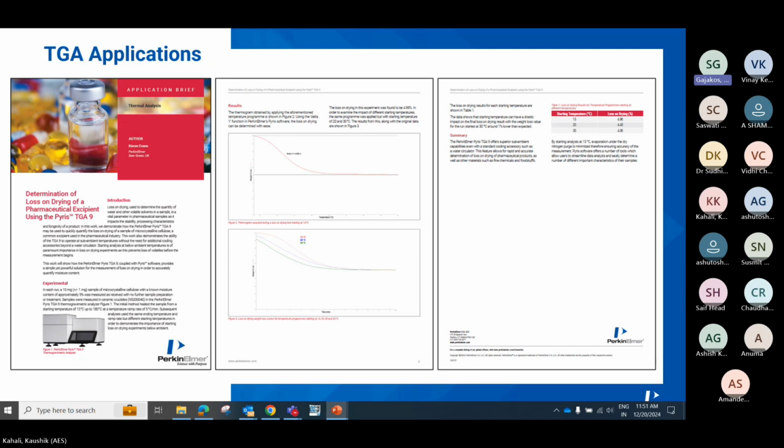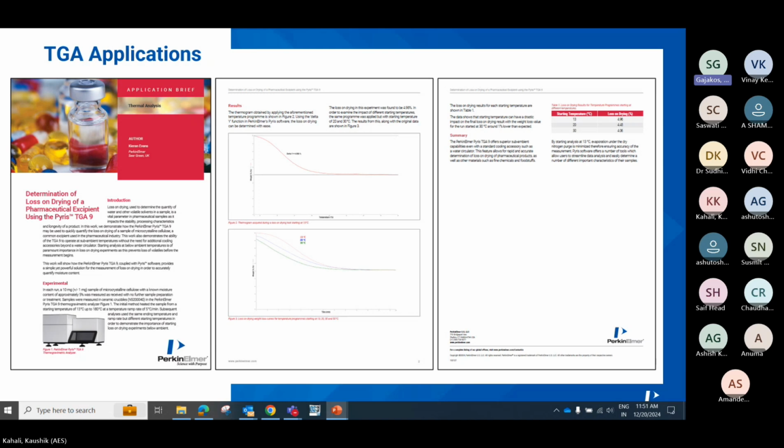In this particular sample, we are studying the moisture content, or the volatile content of the sample, which gets released in the very early stage of sample analysis. We can run the sample in the TGA up to 1000 degrees centigrade, and we start, as Kaushik mentioned, at room temperature, that is 30 degrees centigrade.